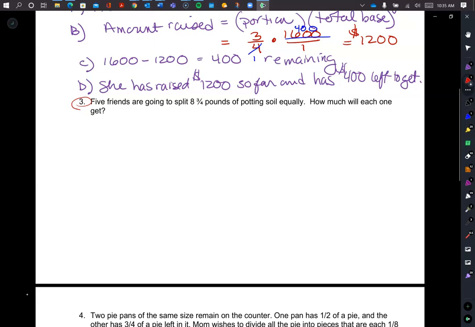You have a total that you are splitting up by a number to get the amount that they're going to get. So think of how that's going to pan out, and remember to work with fractions. If you're dividing or multiplying, then you're going to want to make that an improper fraction.